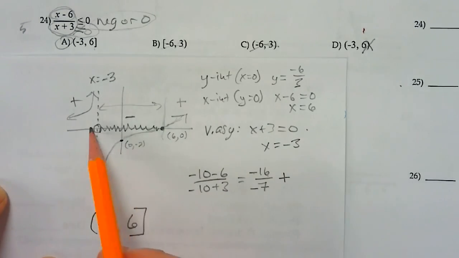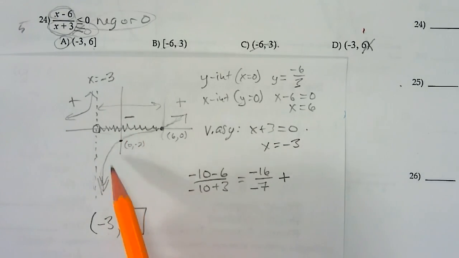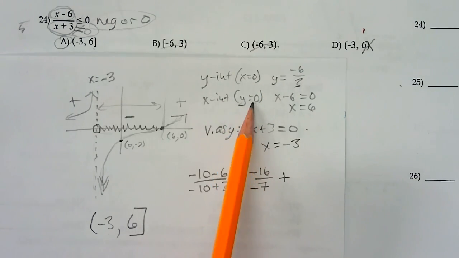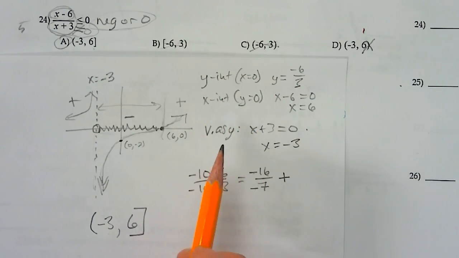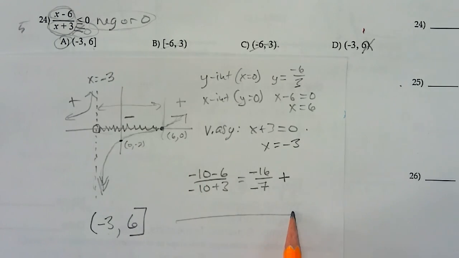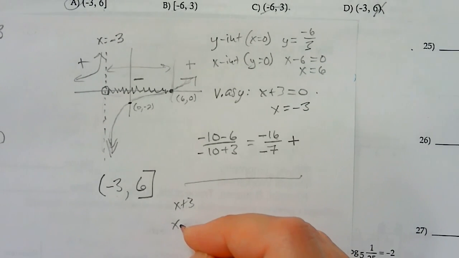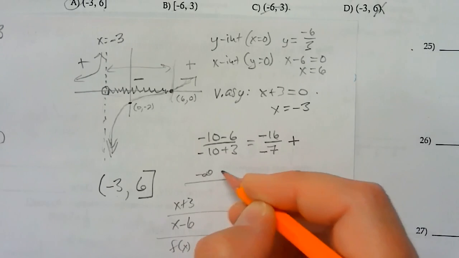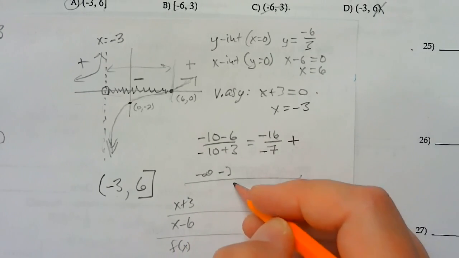This is similar to the grid that we used to make where we found the zeros, the x-intercepts, and we found the asymptotes, and then we laid out our line here and set up our x plus 3, x minus 6, and then our f of x, which was a combination of those, right? And we said, okay, we have -infinity to -3.